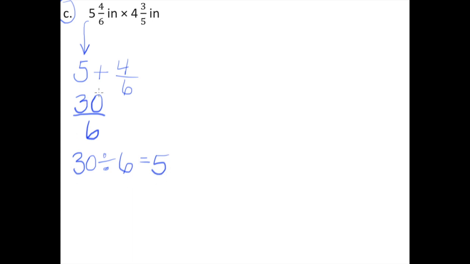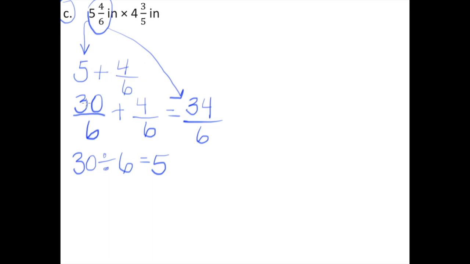Okay, cool. So 5 and 4/6 is equal to 30 plus 4/6, which is equal to 34/6. 5 and 4/6 is equal to 34/6 because there are 30 sixths inside 5, and then we have to bring 4/6 along to the party.